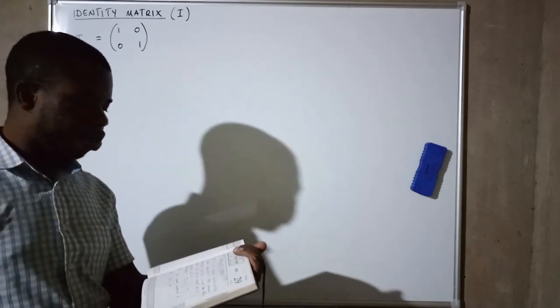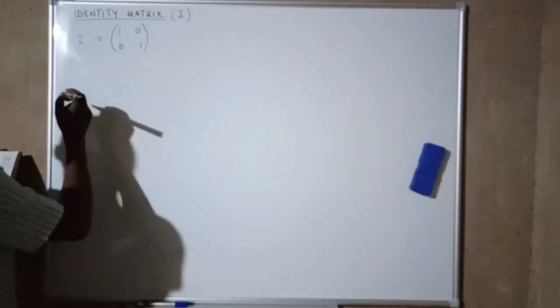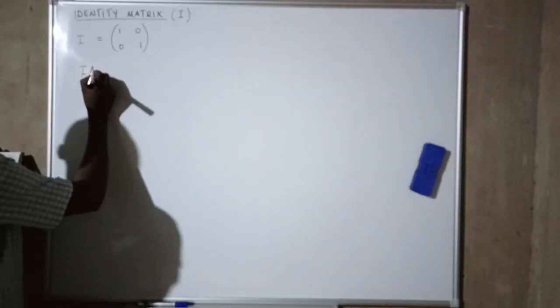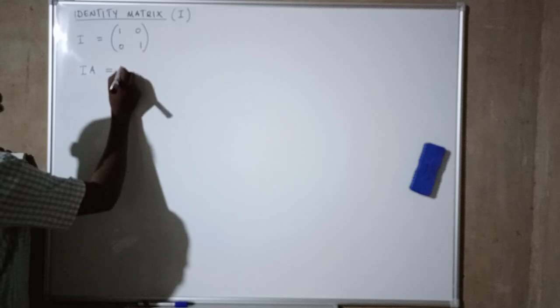Okay? So now, in general, if you take an identity matrix and multiply it with another matrix A, it is the same as taking matrix A and multiplying it with an identity. This is just the commutative property of multiplication. Remember, multiplication is commutative. What I mean by commutative is that 2 times 3 is the same as 3 times 2.